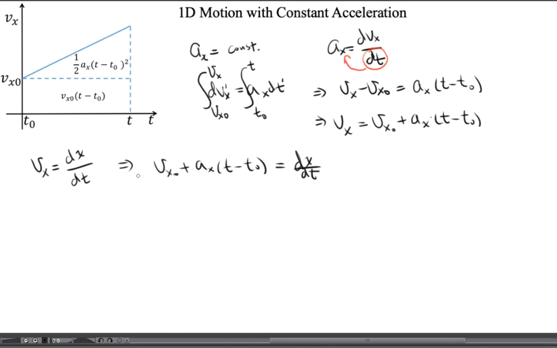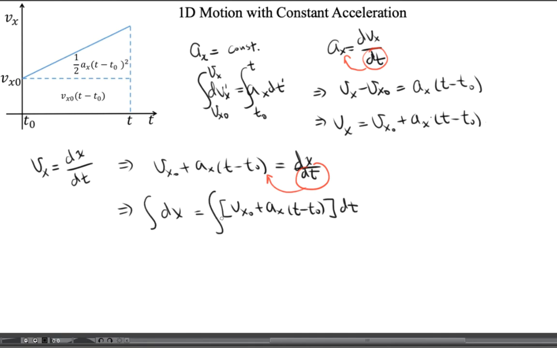Again, in order to solve this differential equation, let's separate these variables and move dt to the other side of dx. What we have here is dx equals vx naught plus ax times t minus t naught, dt, and then we integrate on both sides.